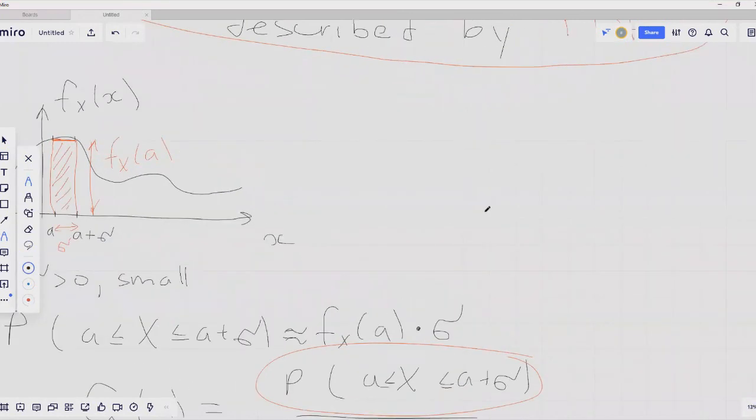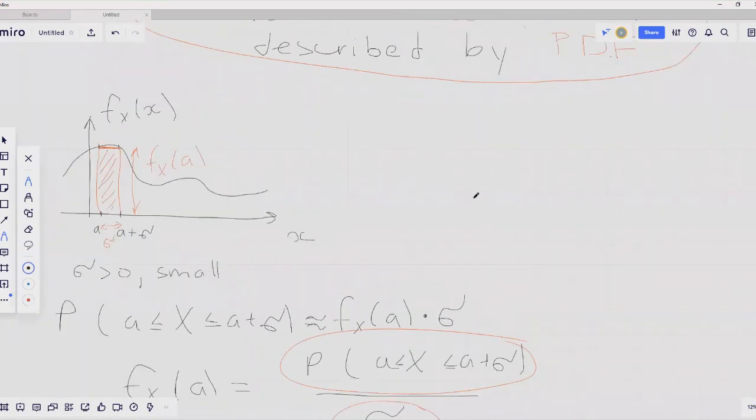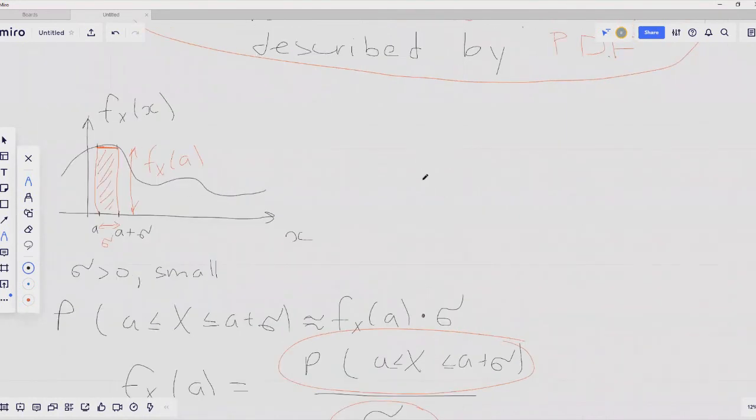Let's see what happens if we are looking for probability that our random variable x is equal to a particular value a. So probability that random variable x lies in interval from a to b can be described as an integral from a to b of PDF of x. Let's see what is going to happen if we replace b with a.